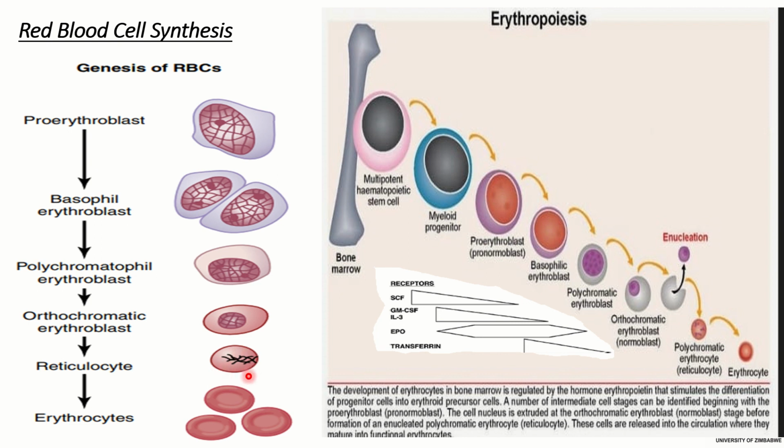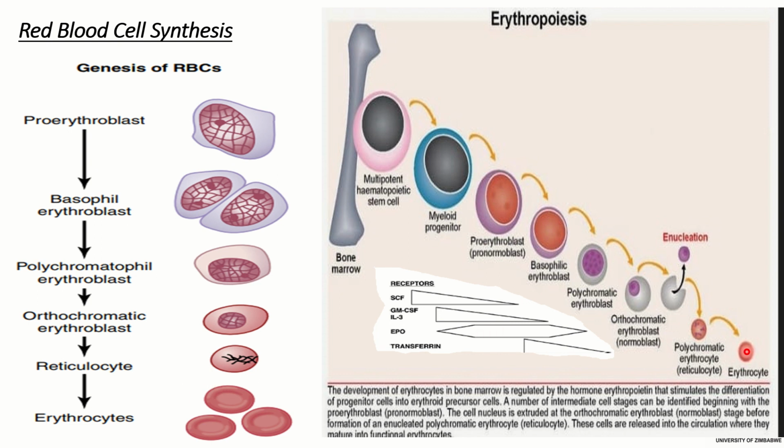This reticulocyte will still contain some structures, but before it matures, these structures are removed, such as this RNA, right? After the removal of these structures, that is between 1 to 2 days, they then mature into erythrocytes or red blood cells.